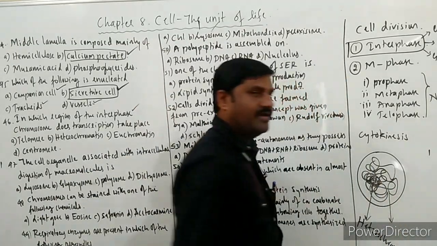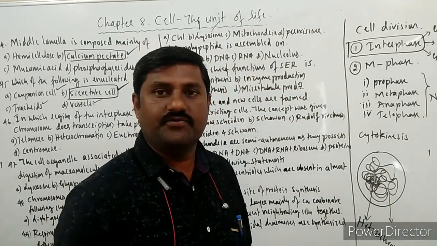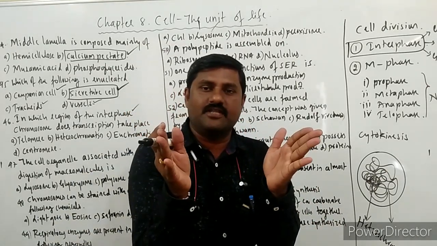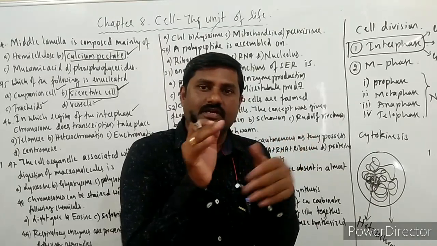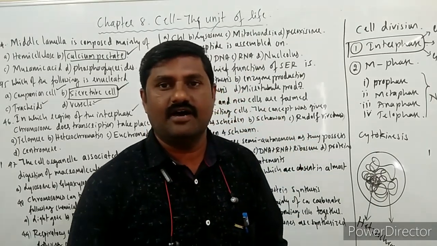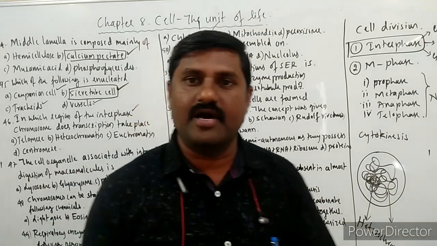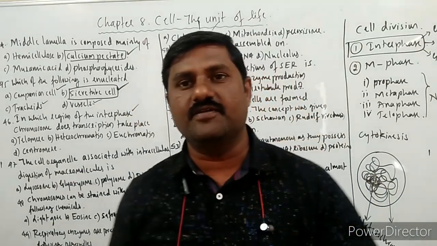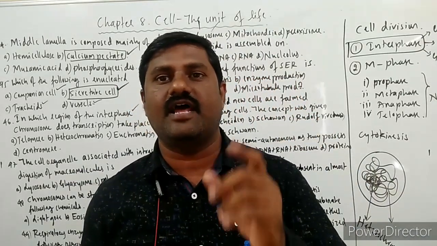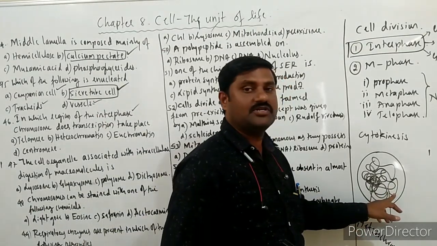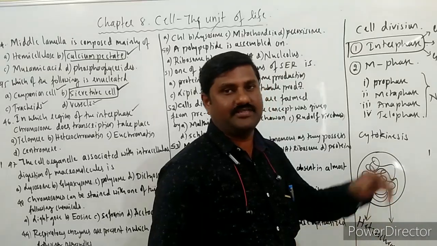But the loosely arranged one is called euchromatin, where there is a possibility of the separation of two strands of the DNA. So there the synthesis of mRNA may take place, and that biosynthesis of mRNA on one of the strands of DNA itself is called transcription. Hence, euchromatin itself is transcriptionally active in nature.